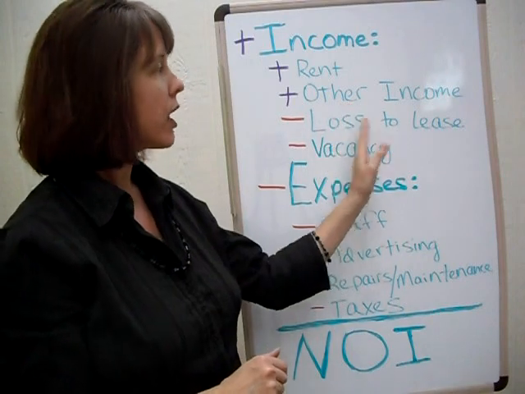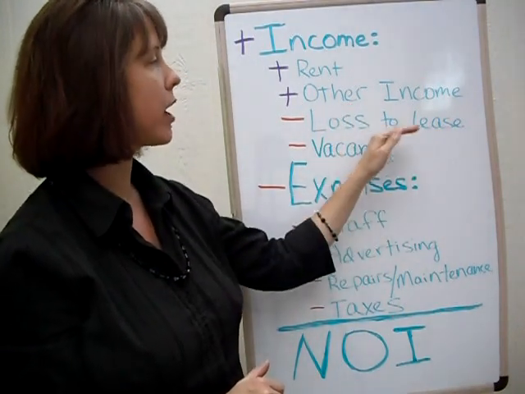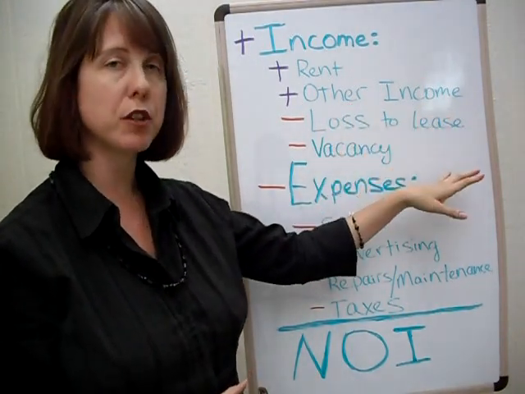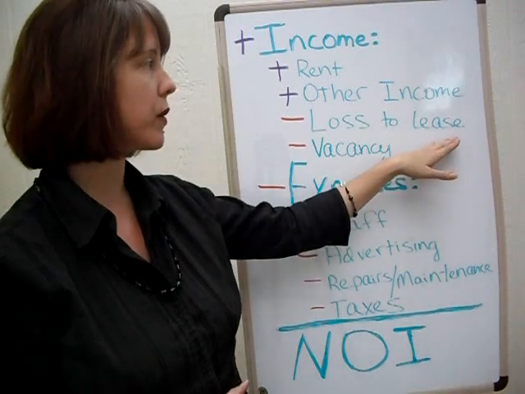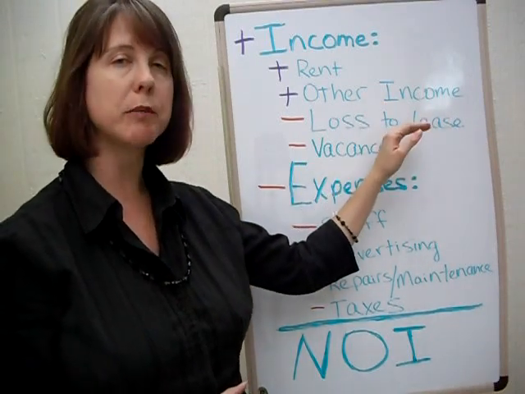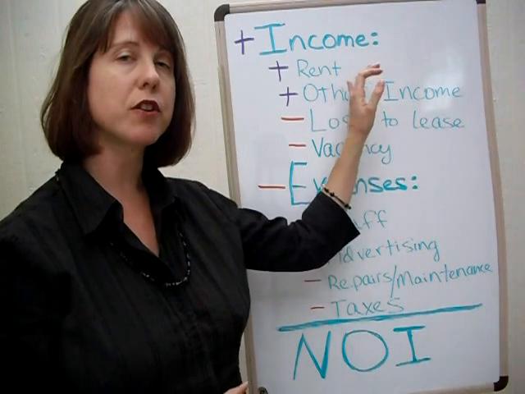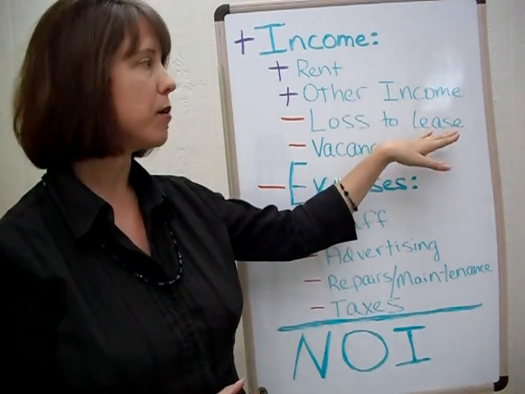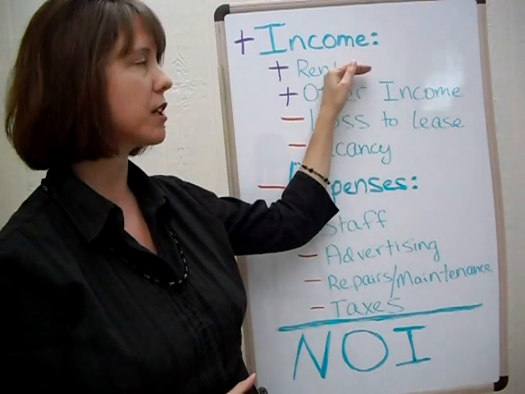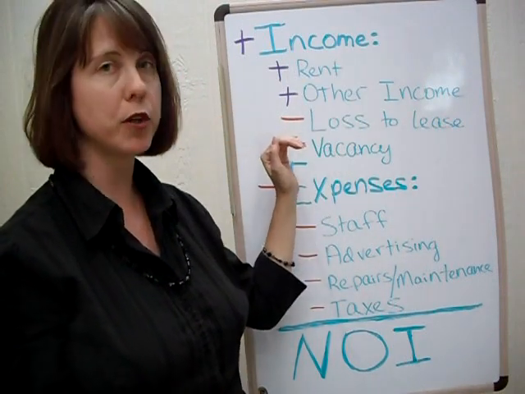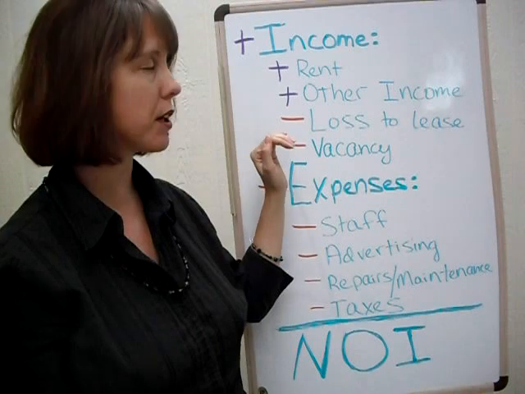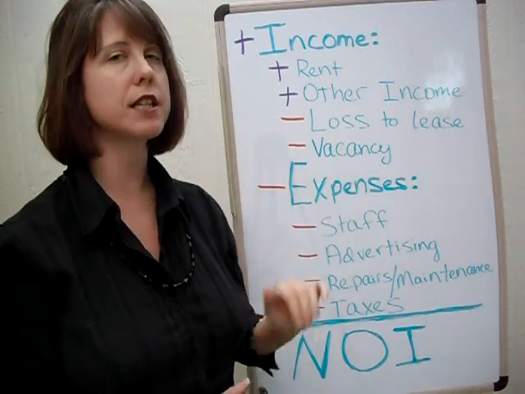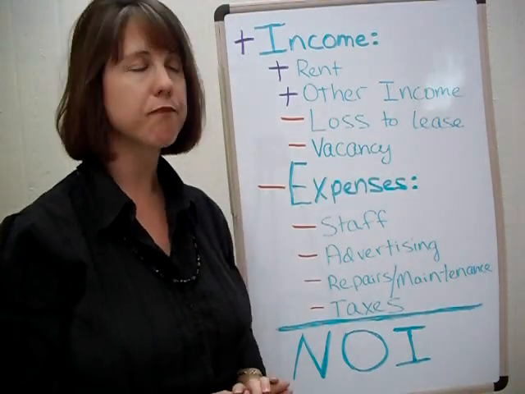Now, in your computer system, how you're going to track that is the rent assumed for those units is $425. Loss to lease could be the $25 that you're not getting from Fred. So in the computer system, you'd be expecting for rent $425, although you know he's only going to pay $400 because that's what the contract is. So the loss to lease in this example would be $25.